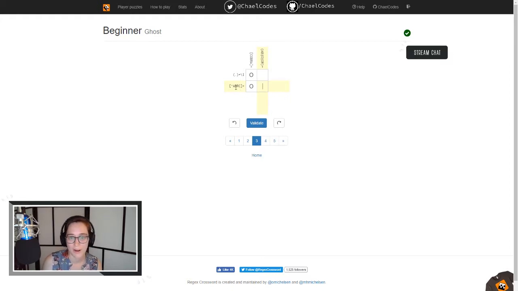And because R and B are both forbidden by this not every letter except O in Cobra, this one has to be O. And then this one has to be O because we're repeating this capture group. So it looks like the answer to our beginner puzzle of Ghost is woo, which is kind of spooky and adorable.